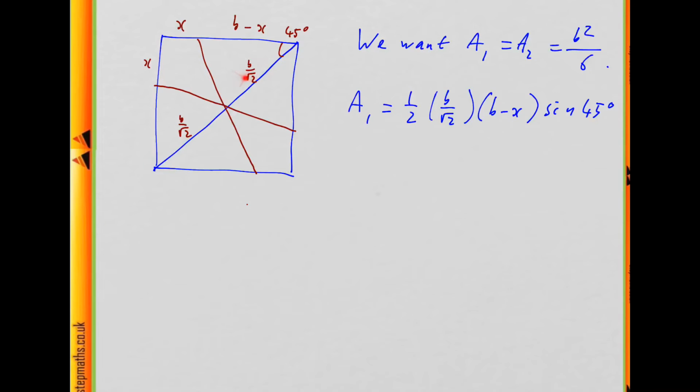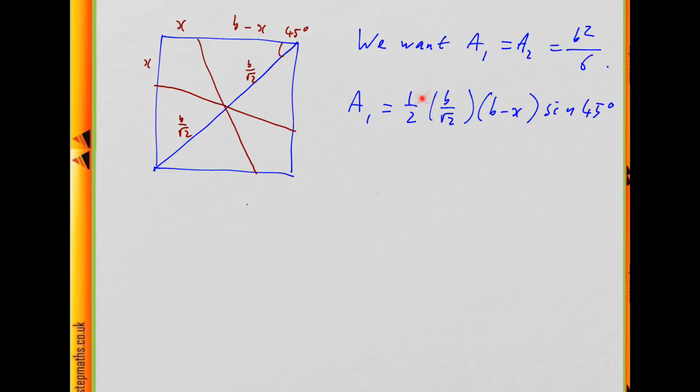And I can write down a formula for the area of this triangle because I've got 2 sides and the angle between them. So it's a half times this, which is b over root 2, times this, which is b minus x, times sine of the angle between, which is sine of 45. And now I've got this formula, I can just set that equal to b squared over 6. And I'll have an equation in x and b, so I can solve for x. So I don't actually need to work out the area of this more complicated shape here.